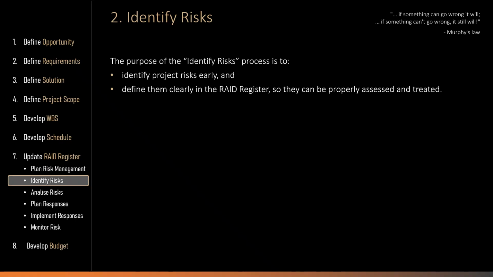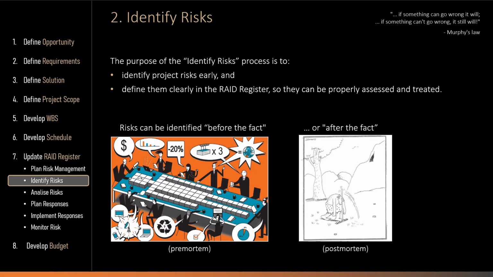The purpose of the identify risks process is to identify project risks early and define them clearly in the risk register so that they can be properly assessed and treated. The base technique to identify project downside risk during the project planning stage is to conduct a project pre-mortem by putting everything known about the project on the table and asking the project team to imagine that the project has failed and then to brainstorm backwards the most probable causes of the project failure.